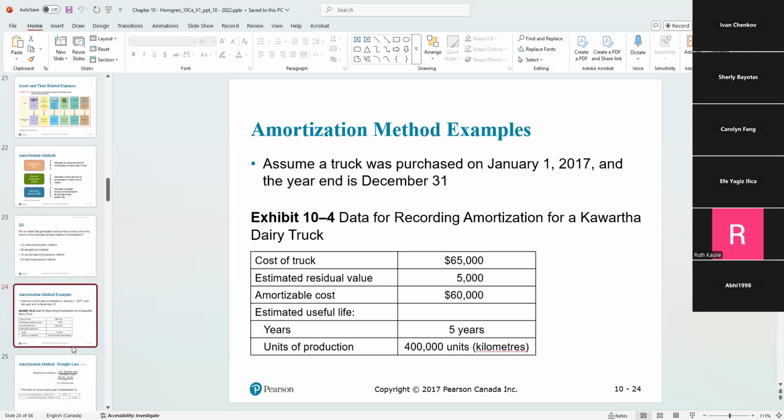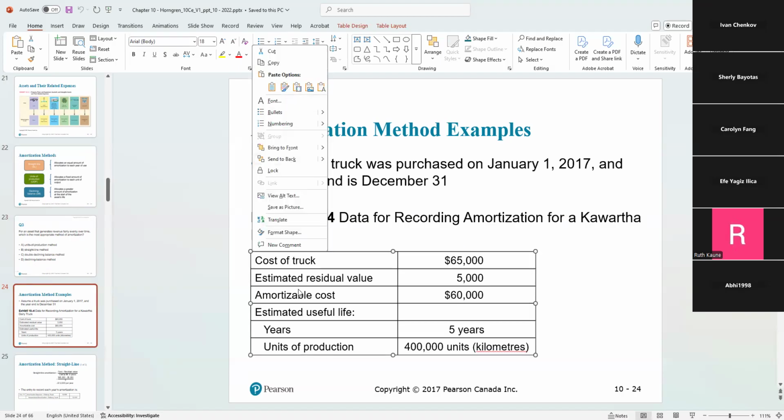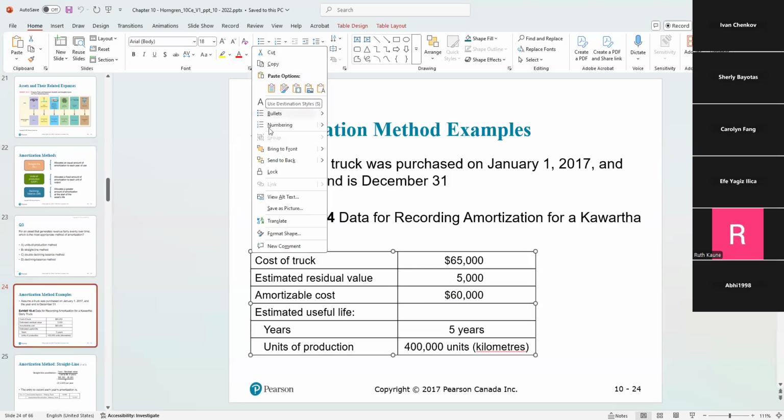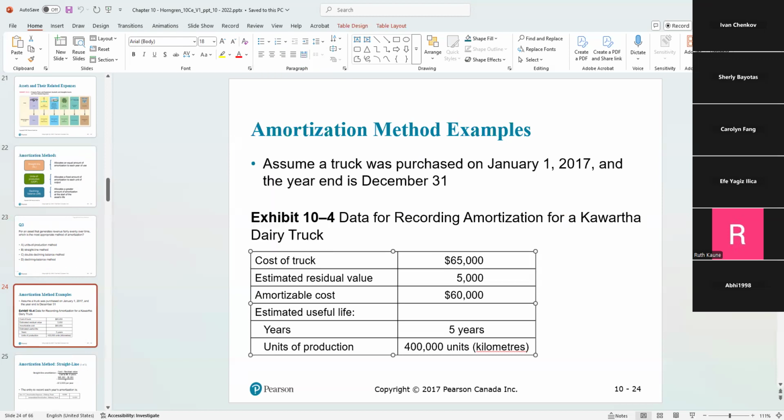Let's go with the example. I'm going to copy this example, and we're going to start working on it. I'm going to flip to the Excel spreadsheet and do all the things from the slides on the Excel spreadsheet. And then we can move back to the slides to repeat everything.